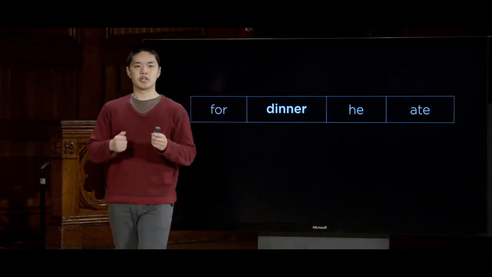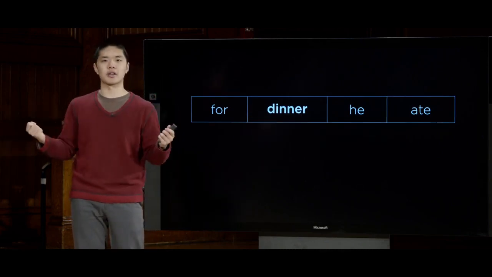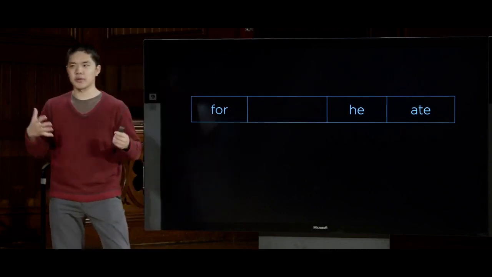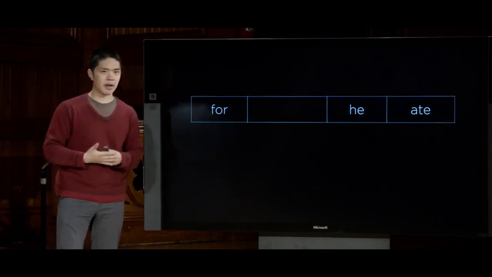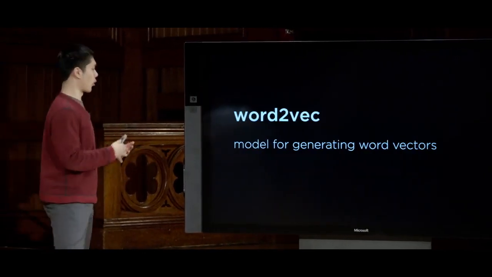If a word shows up in a particular context and another word happens to show up in very similar contexts, then those two words are probably related to each other. They probably have a similar meaning to one another. And this then is the foundational idea of an algorithm known as word2vec, which is a model for generating word vectors.